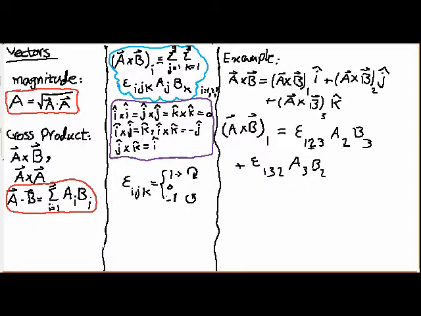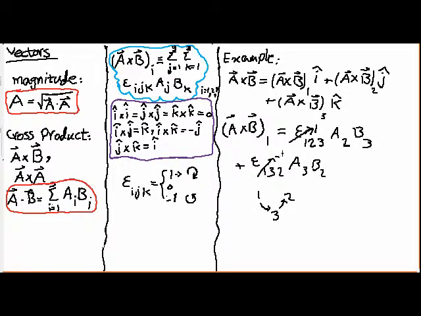Okay, so I write 1, 2, 3, the same as before. Then the direction is 1 to 2, 2 to 3, so it's clockwise. So this guy is 1. And this guy, 1 to 3, 3 to 2, so it's counterclockwise.